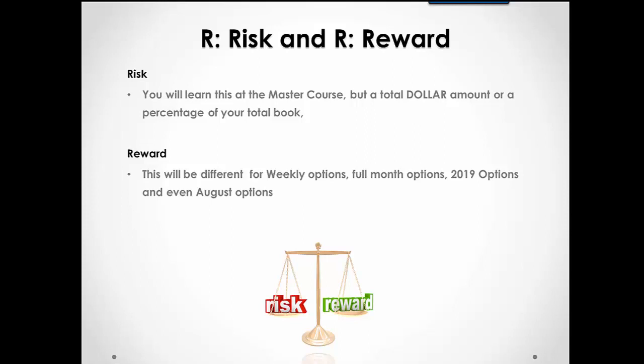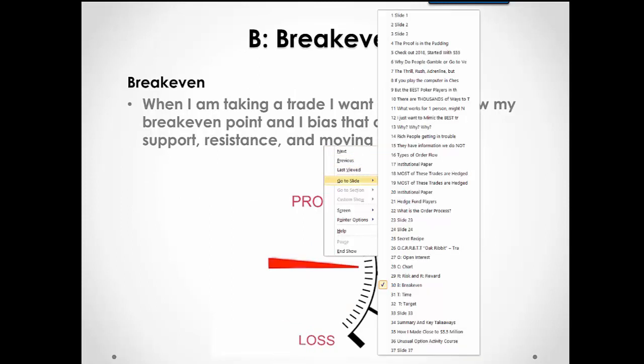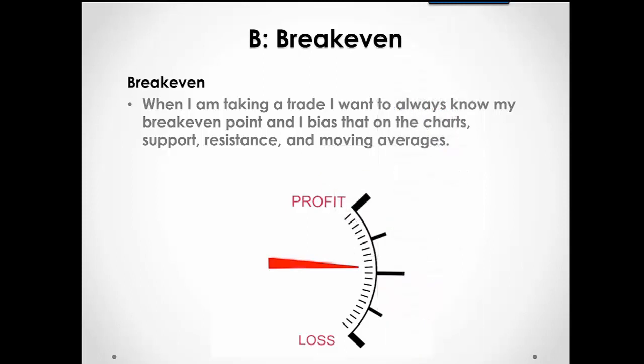So reward to risk setup. Make sure you're always setting up a proper reward to risk setup. Breakeven, that's always on expiration. Strike price plus the price of the calls, and then strike price minus the price of the puts. Then we have time and target.